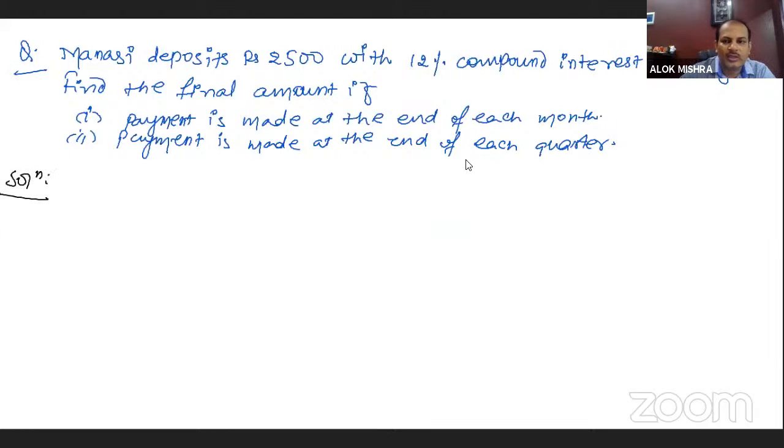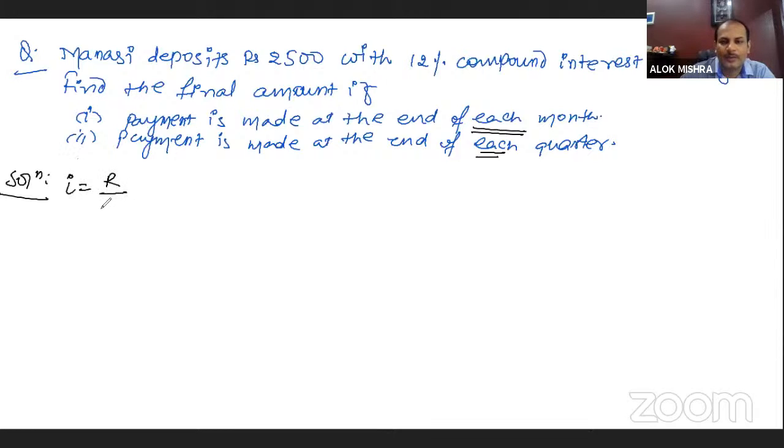So first question is compounded monthly because the payment is being made at the end of each month. The moment I have the word each, it means it is a question of annuity. Otherwise, I could have simply said when the payment is made at the end of month. So what is I?